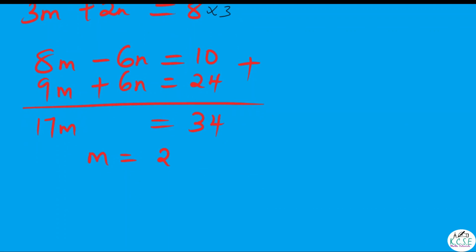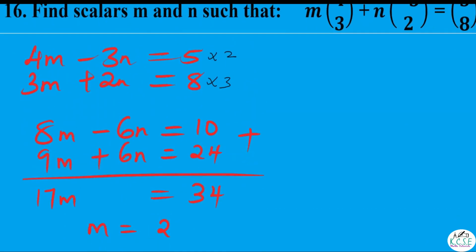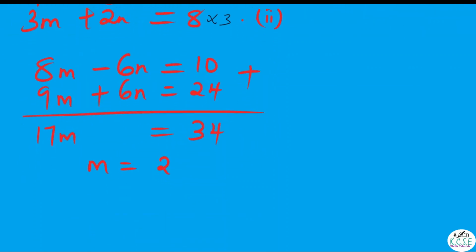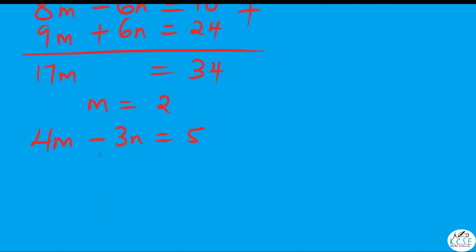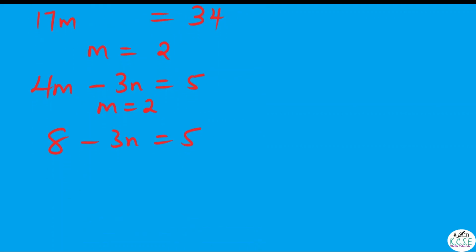So now to get n, we can use equation 1. Substitute 4m minus 3n is equals to 5. So we substitute when m is equals to 2. We substitute 4 times 2 minus 3n is equals to 5.